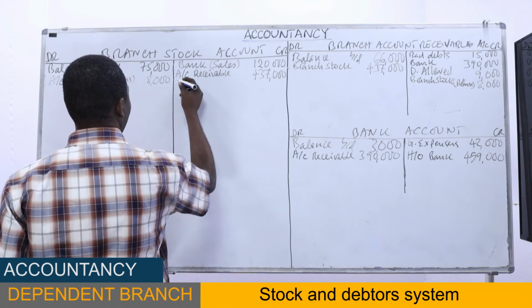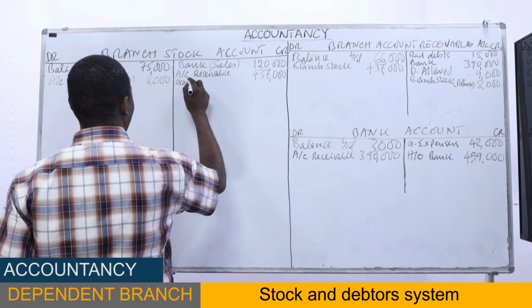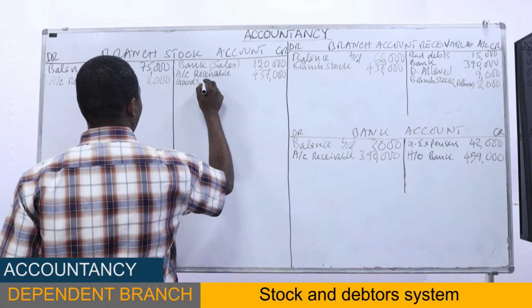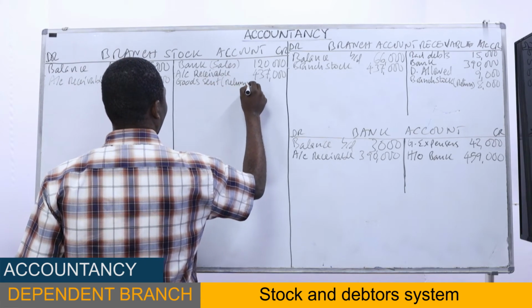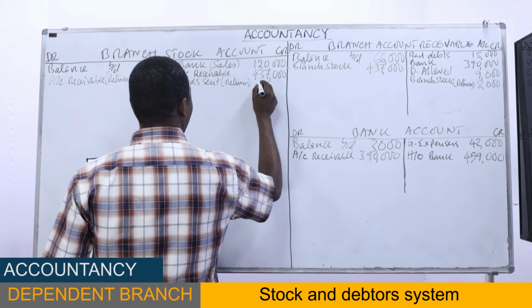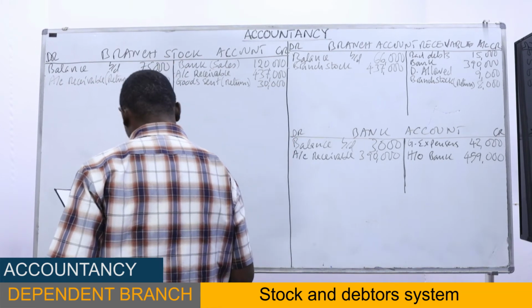So we credit branch stock, goods sent, that is returns. How much? It is 30,000.